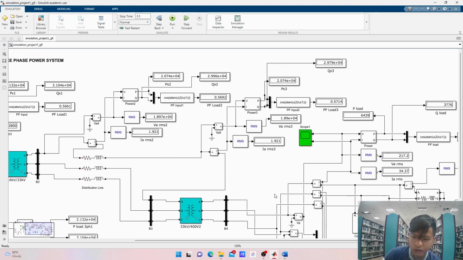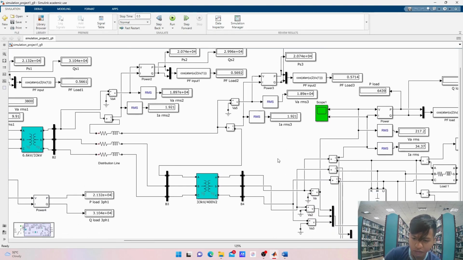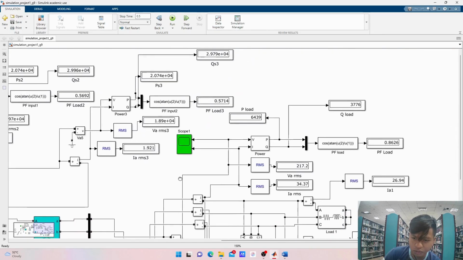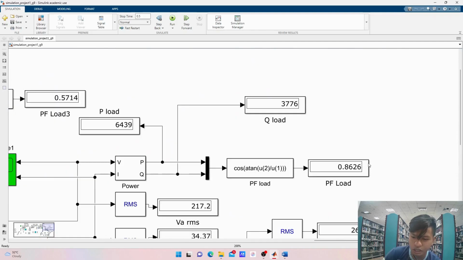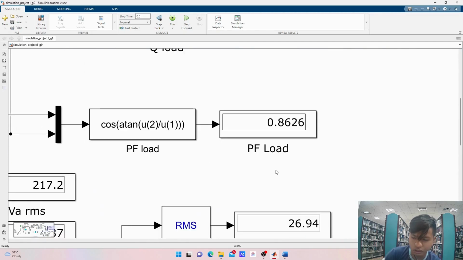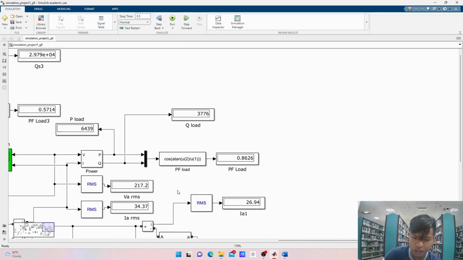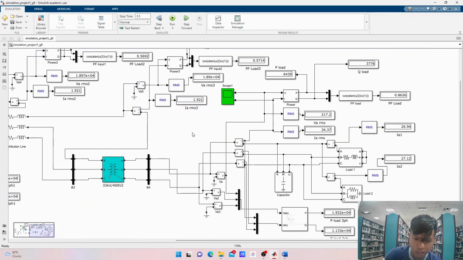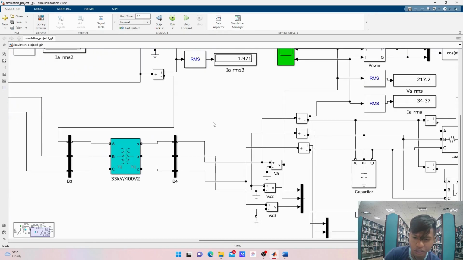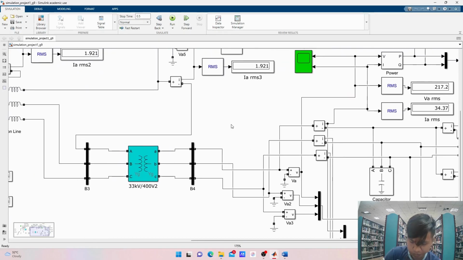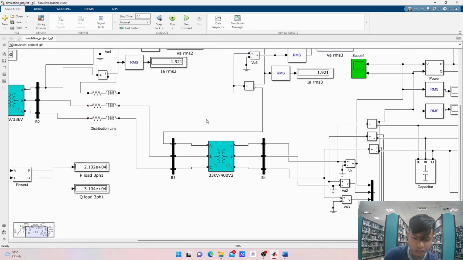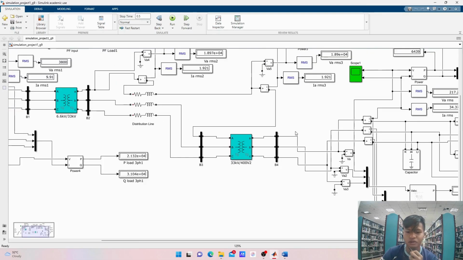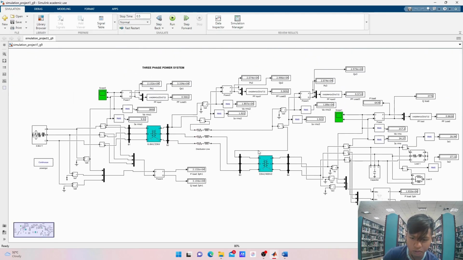What we want is to improve the power factor as near to one as possible. When we get a power factor of one, that is the best network we can get, and it will make sure the losses in the transmission are minimized. That's all I can conclude from our two simulations.